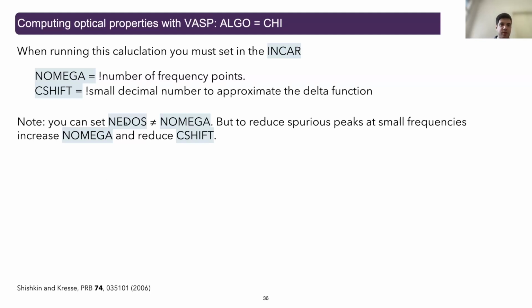Now, because of the approximations that we take for the delta function, you don't need to use the same grid for the points that you want to compute the frequency and the frequencies that you are going to use in your integral. So you can have NEDOS different from NOMEGA. And if in your calculation you do see peaks at small frequencies that are spurious, you can remove them by increasing the value of NOMEGA and reducing CSHIFT.